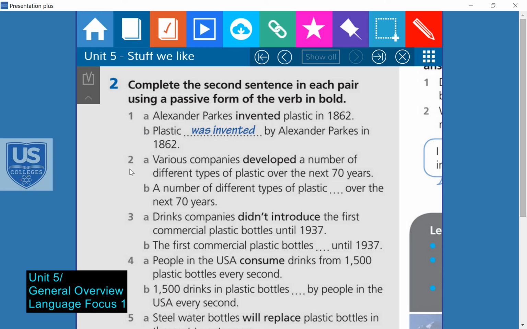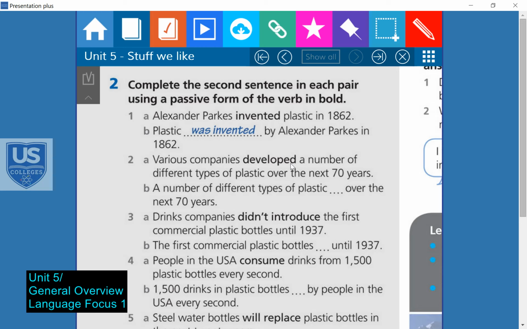So this is an example of a past simple active sentence. Why active sentence? Because here we know who does or who did the action. Who did the action? Various companies. And which tense is it? Past simple. Why? Because of the ed that is attached to the end of the verb.